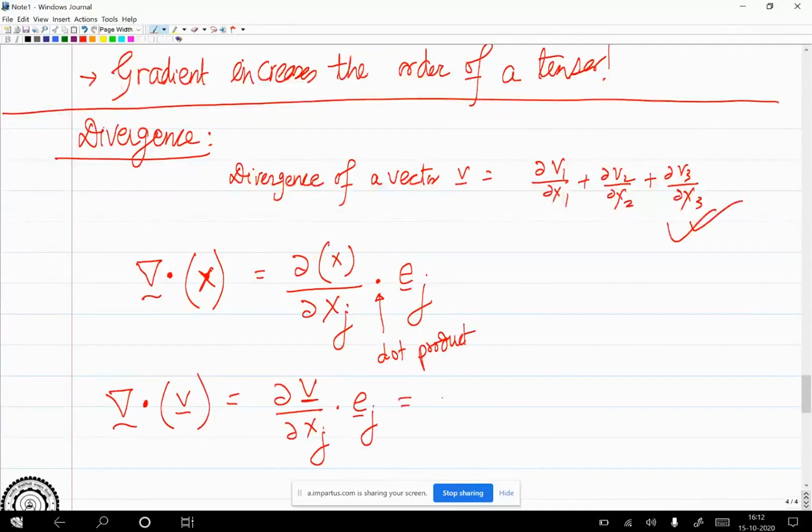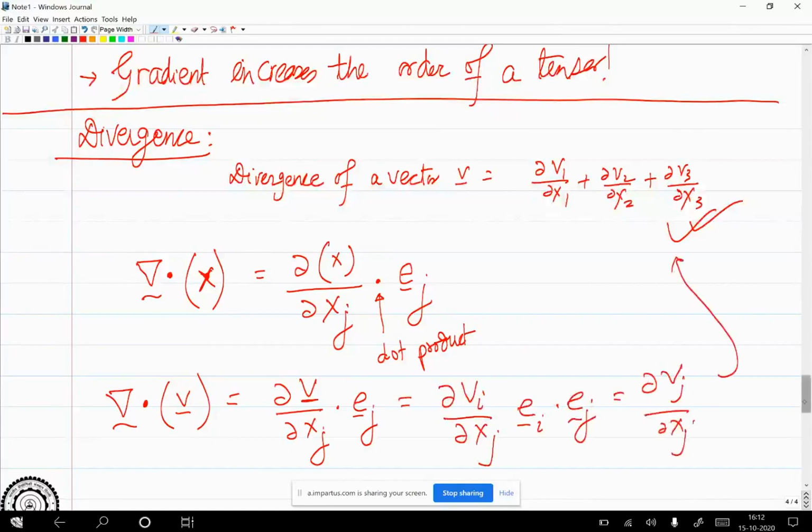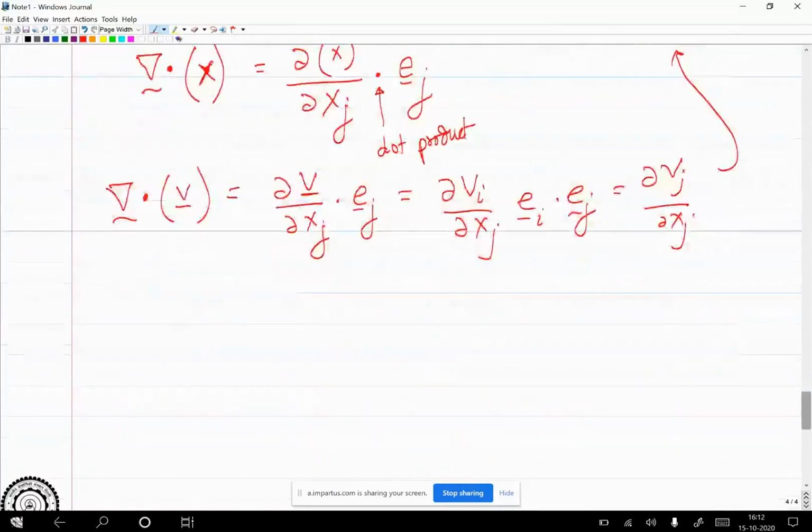Now let me expand this v, so it becomes del vi over del xj of ei dot ej, which is simply del vj by del xj. Okay, and this is what we have here, right?